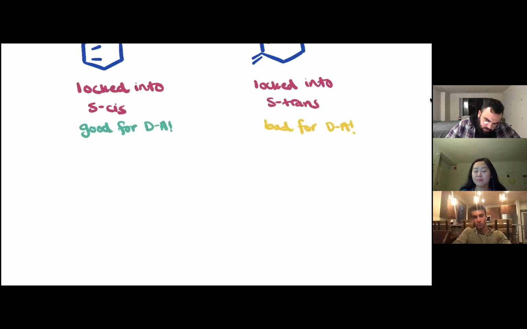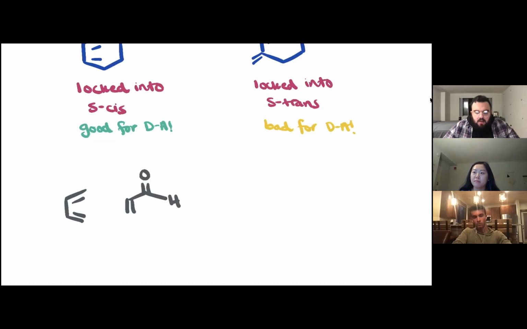So let's say we have something like this, right? So we see that we have our diene, and then we have a dienophile that contains an electron withdrawing group, like an aldehyde, right? You see that that is actually considered an electron withdrawing group by resonance.